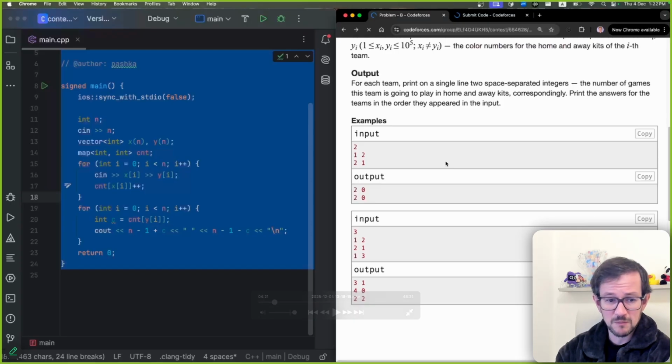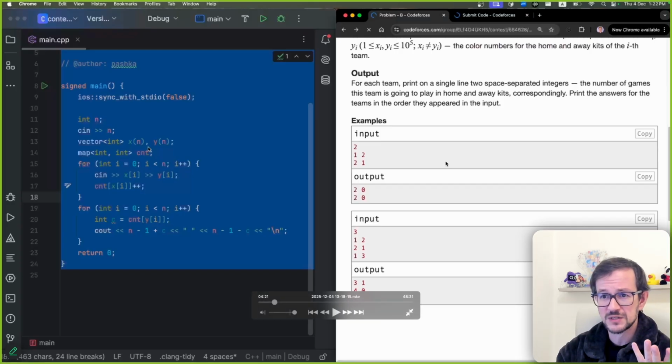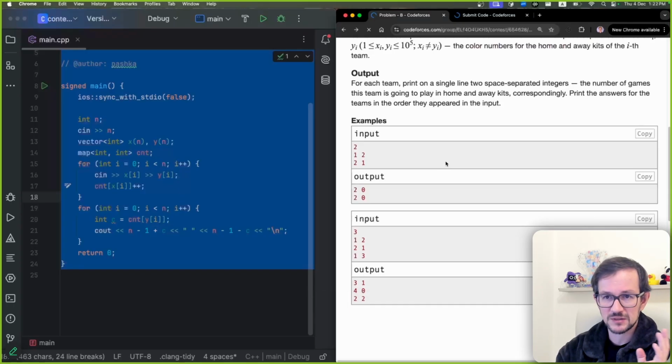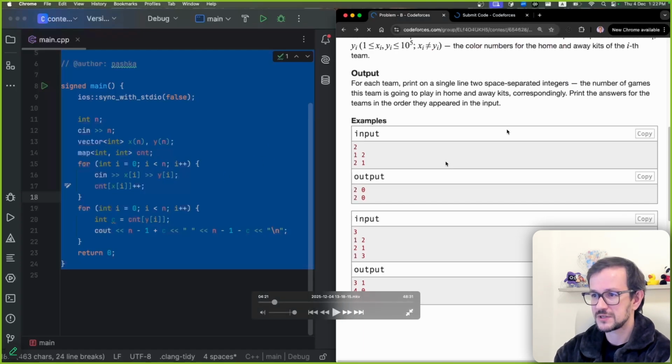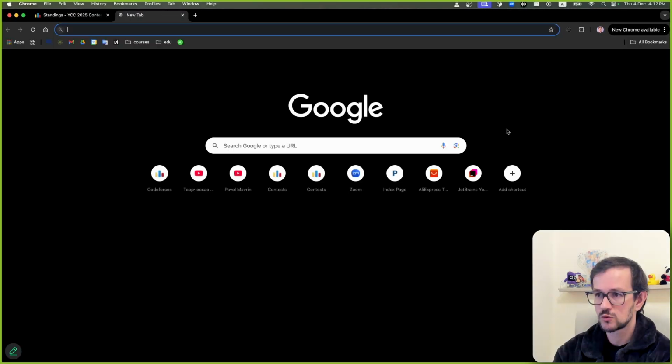Unordered map is like dict in Python. In Python you don't have ordered sets, as far as I know. The normal dict in Python is a hash table. So basically unordered map is the same as dict in Python, as far as I understand how Python works.